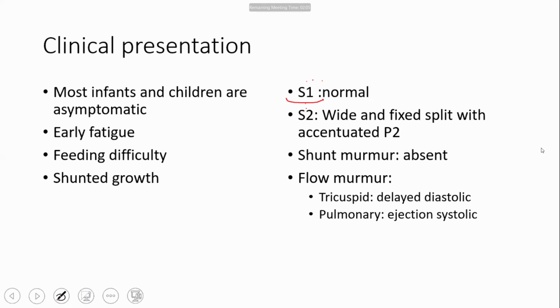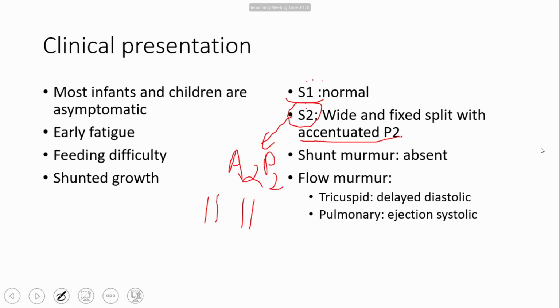If you remember your physiology, S2 is formed by two components, A2 and P2, and it is normally split variably. With inspiration or expiration, the A2 and P2 sound will be different. In case of ASD, because there is increased blood flow through the pulmonary trunk, P2 will be accentuated, P2 will be loud, and the split will be fixed. That means it is not variable with respiration.